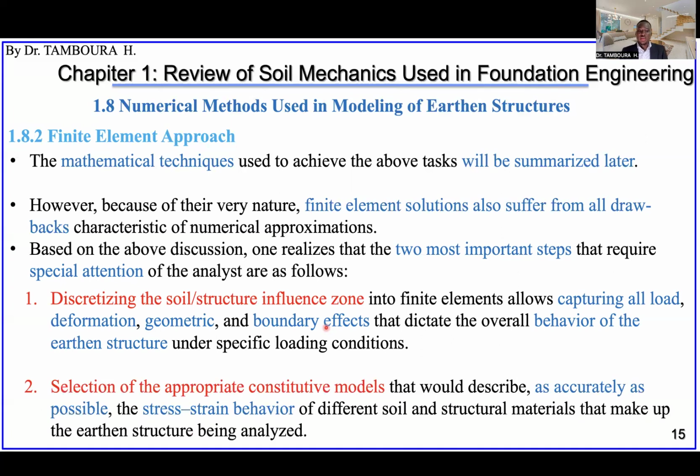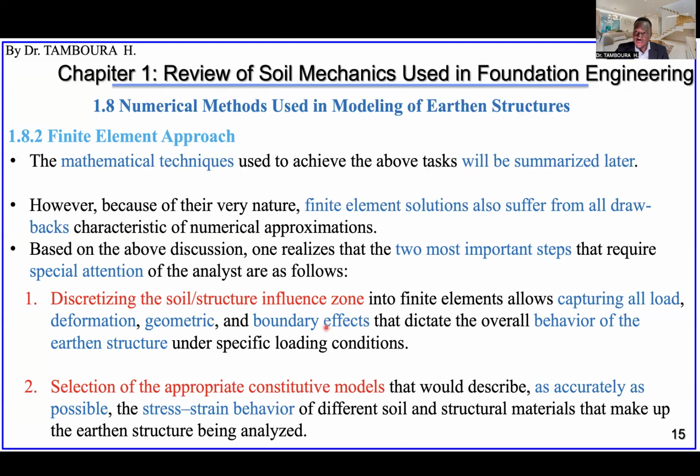Number 2, select the most appropriate constitutive model. I'm not sure you understand the meaning of constitutive model, but we will talk about this maybe later, not the next video, but maybe the video after that. For example, the Mohr-Coulomb model is a constitutive model, and the Cam-Clay model.